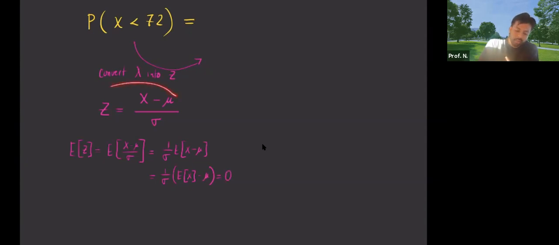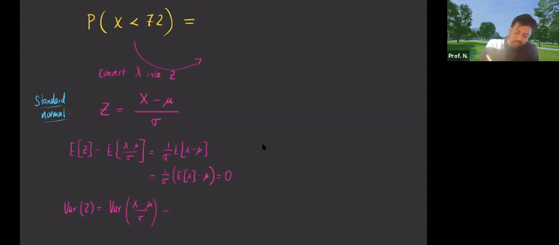So this new random variable based upon the original random variable is my standard normal. And you can do the same thing in terms of the variance, right? What's the variance of Z? Well, isn't this the variance of X minus mu over sigma?